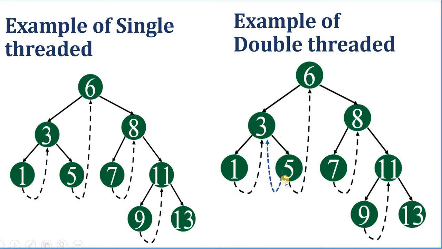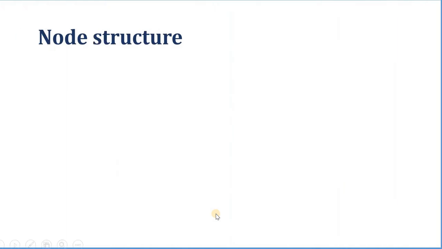So the left of 5 is pointing to the predecessor, that is 3. Similarly, the left of 7 is pointing to the in-order predecessor, that is 6. And for 9, it is pointing to 8 and 13 is pointing to 11. So this is the example of single threaded tree and double threaded tree.